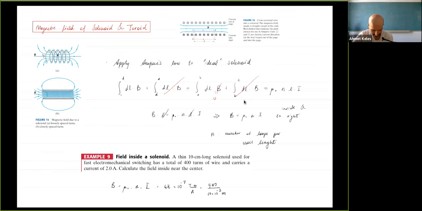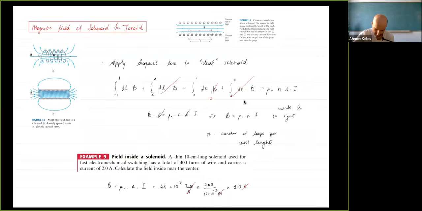And finally, the current is 2.0 ampere. Cancel these guys. It's Tesla, as it should be. And what is the result of this calculation?